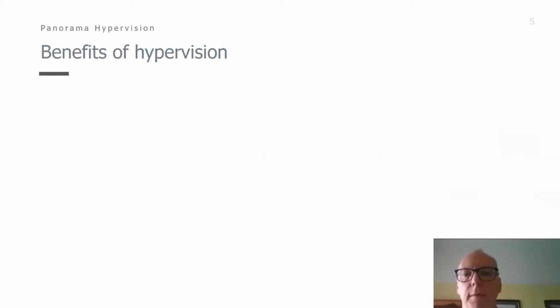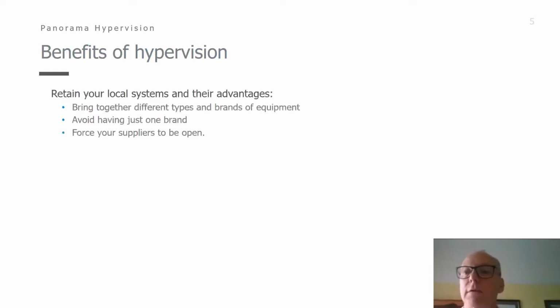So a little bit more about the benefits of when we run Panorama in a hypervisory mode. First of all, it allows you to retain those lower level systems. That allows you to use those for what they were designed to do, for specialist uses, or for backup systems, for incident control systems and things like that.